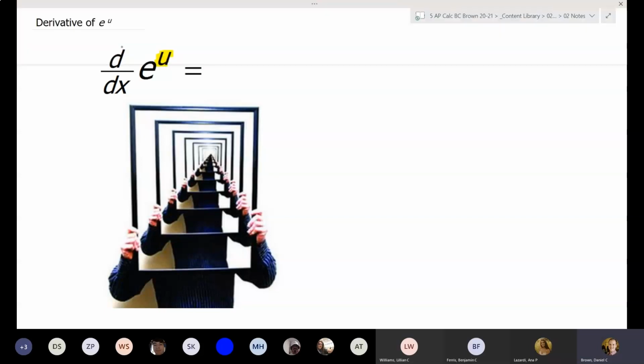And that u also tells you where the inside is located. So if I see e to the u, we can think of its derivative as e to the u times, there's the chain rule piece. And that's actually how I typed up the rule on that handout at the very top of your notes page. But whenever you see a u there, that's just your generic reminder to use the chain rule.